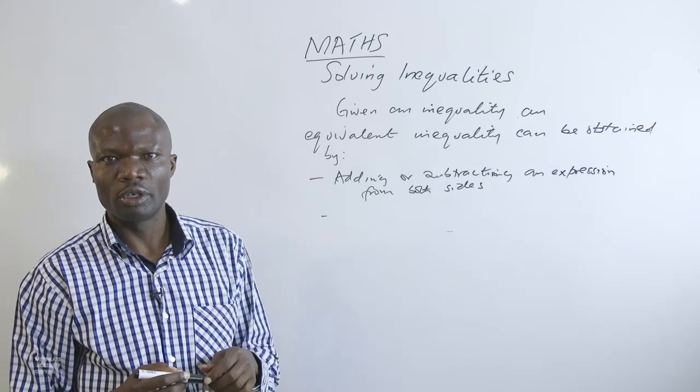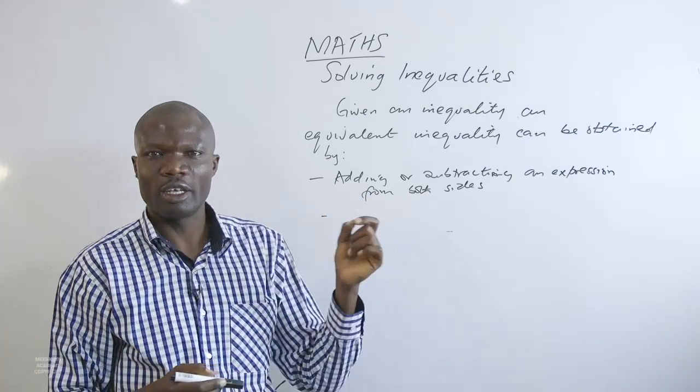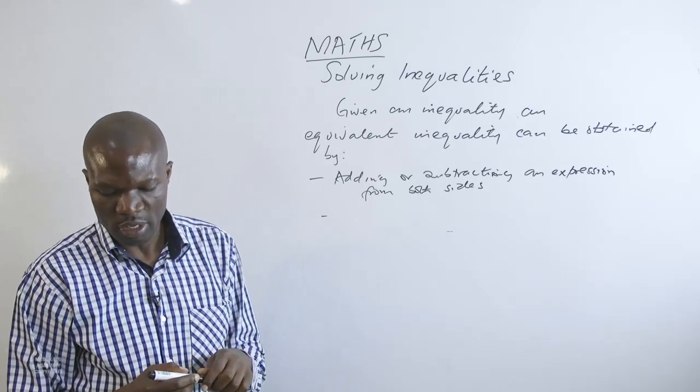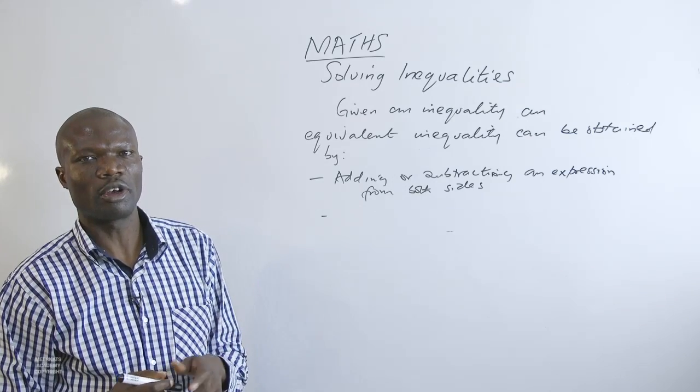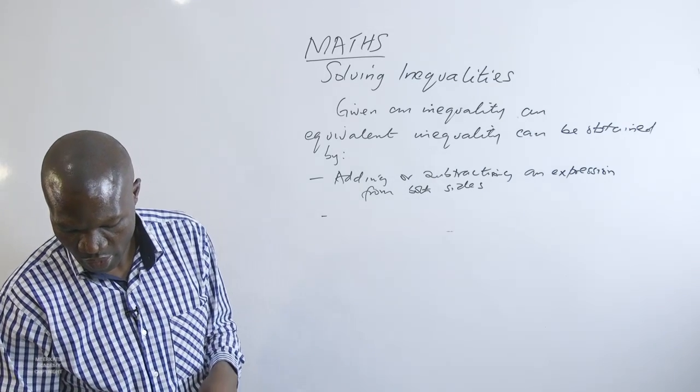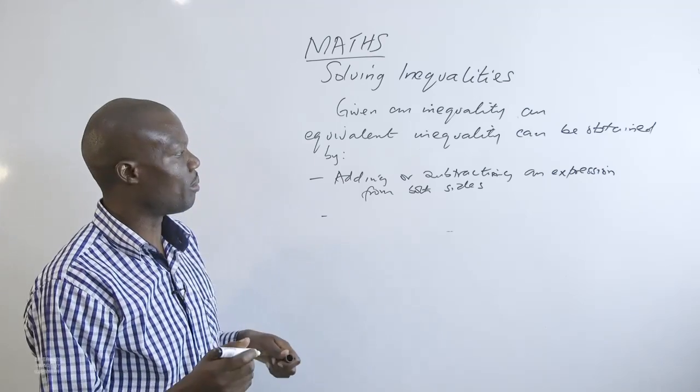Also, you can get an equivalent inequality by multiplying or dividing both sides by a positive number.